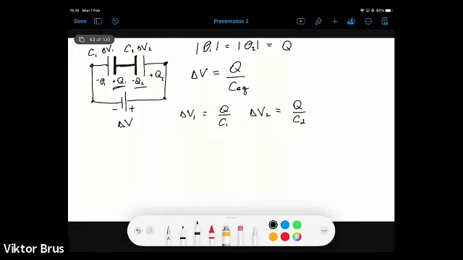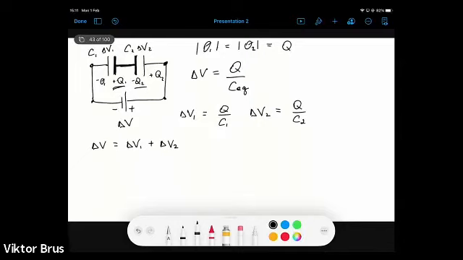We know that the total potential difference in our case will be split in two components, which is the potential difference between the plates of the first capacitor plus the potential difference between the plates of the second capacitor.